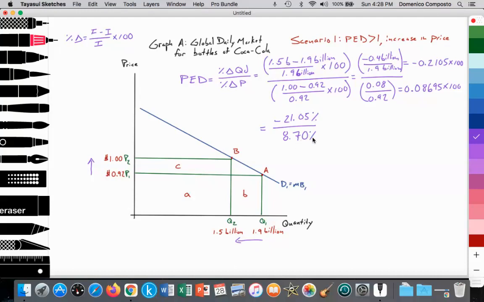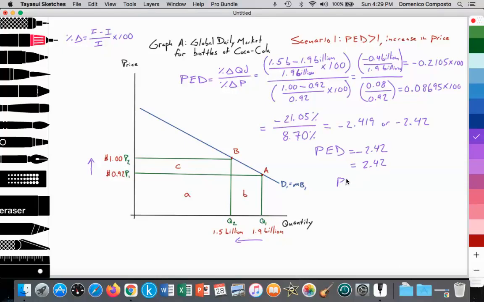And so that works out to negative 2.419, or let's round up, negative 2.42. Okay, so PED along this demand curve for bottles of Coca Cola is equal to negative 2.42, the absolute value being 2.42.